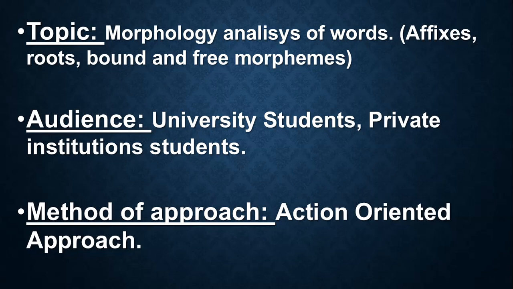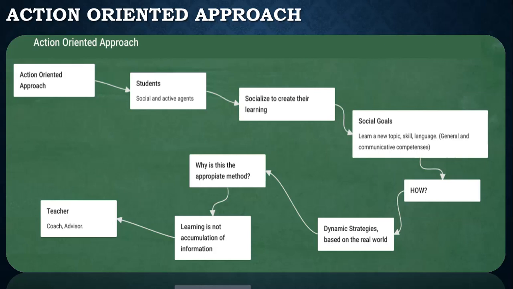The method of approach will be the action-oriented approach. Let me just go ahead and tell you something about the action-oriented approach, okay? The action-oriented approach will be the students as social and active agents. They socialize to create their own learning. We have social goals in which they learn a new topic, a skill, or language.